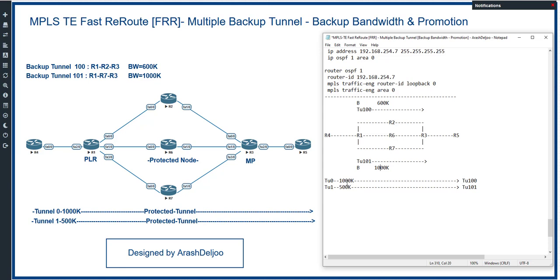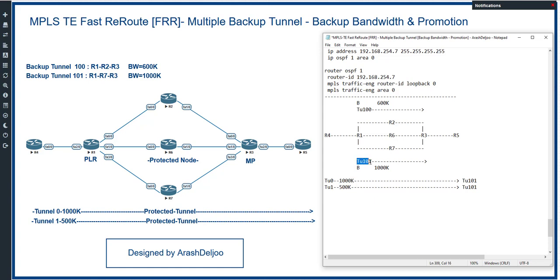If we use tunnel 100 as the backup for tunnel 0, we will have a problem. Why? Because tunnel 0's requirement is 1000 kilobit per second of bandwidth, but in the path of tunnel 100 we have only 600 kilobit per second. This is our problem. But if we use tunnel 101 as the backup tunnel for tunnel 0, we have 1000 kilobit per second, and we need 1000 kilobit per second.